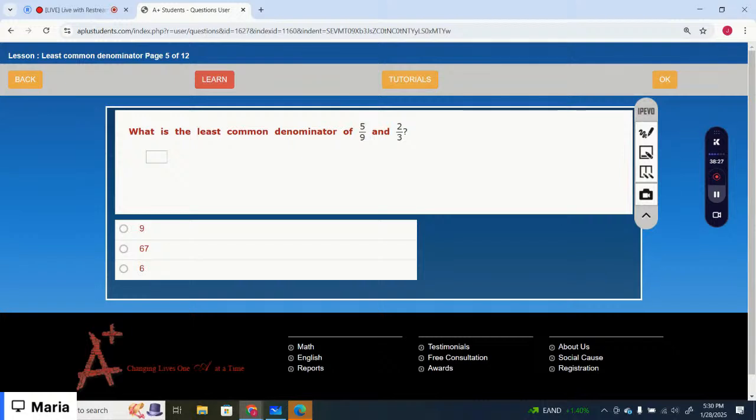What is the least common denominator of 5 by 9 and 2 by 3?